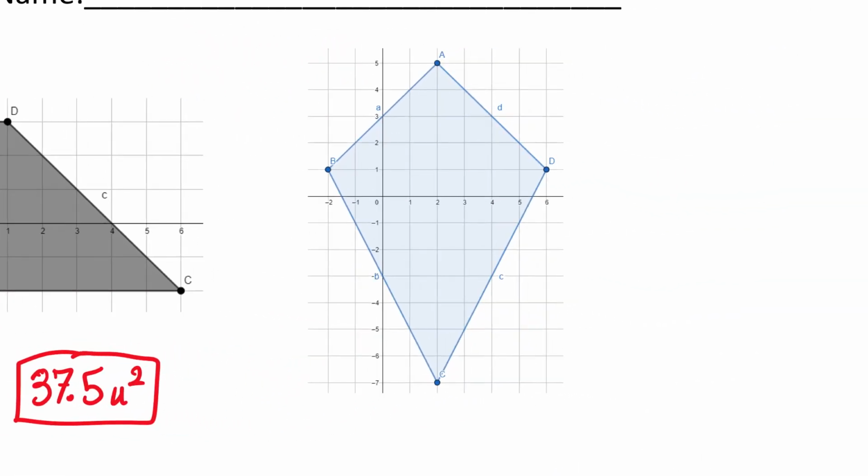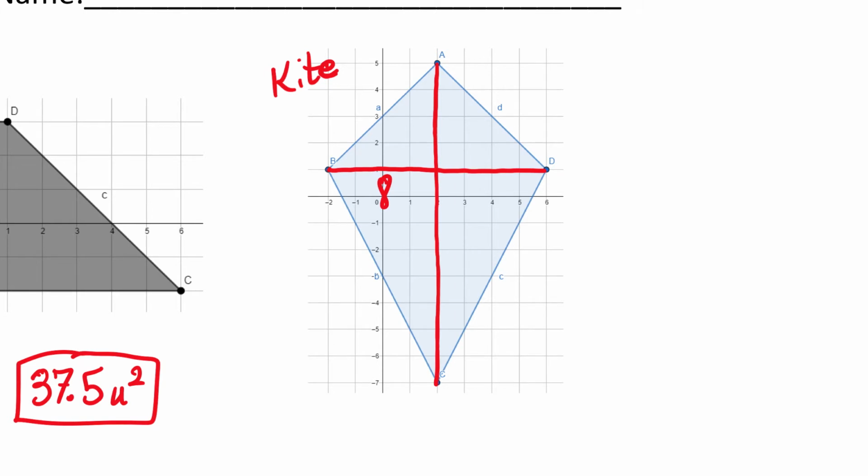Okay, next one. What is this? This is a kite. So for the area of a kite, what do I need to measure? The diagonals. Yep. The diagonal is from corner to corner like this. So let's start off with this diagonal. How long is that one? It's 8 units, and then the other diagonal runs here.